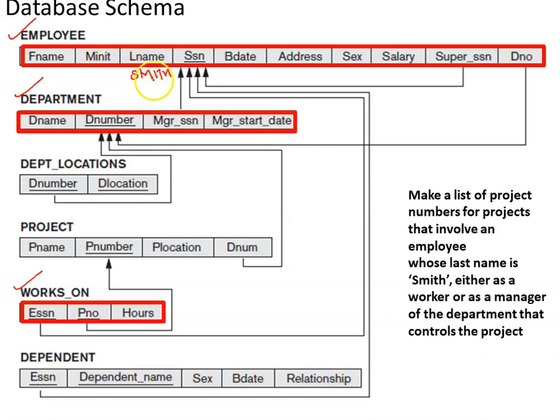So when we pick up information from the employee relation based upon the last name, we will get the SSN of Smith. With the help of that SSN, we will try to find out which project he is working on. So that will be the first part.